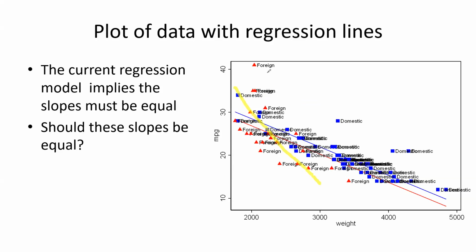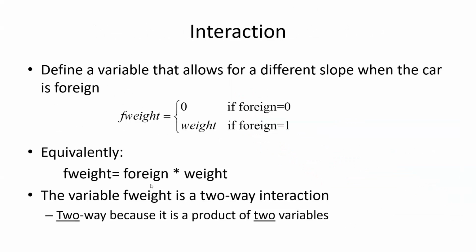Well, so how can we come up with a model that accommodates this funny yellow line? Different slope. All right. We create a new variable called f_weight. Well, the name doesn't matter, of course. This new variable is 0 if foreign equals 0 and takes the value of weight if foreign equals 1.